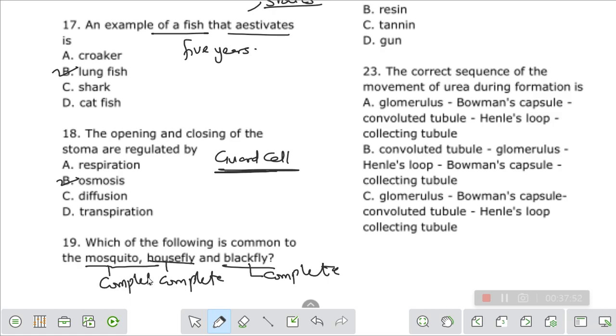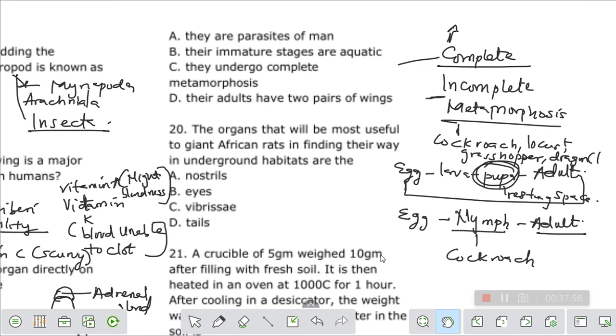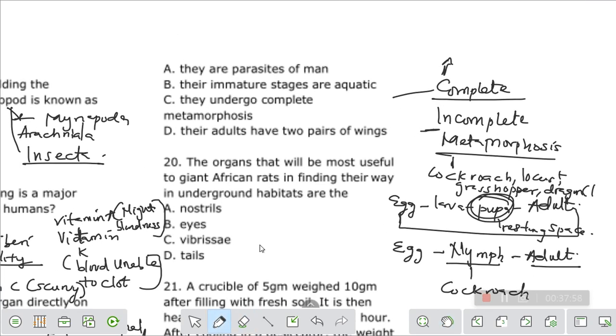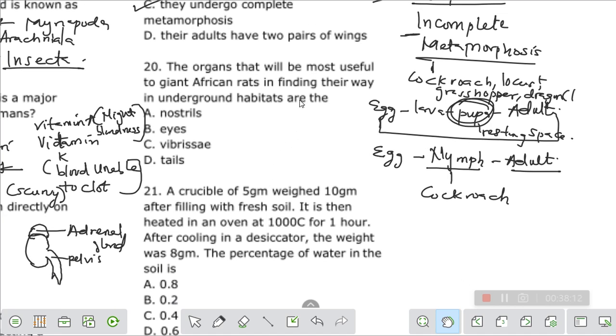The organs that will be most useful to giant African rats in finding their way in underground habitats are: is it the nostrils? Is it the eyes? Is it the vibrissae? Is it the tails? Now imagine, I don't know if you have seen rats before. A rat uses its nose like this, looking everywhere because of food, right?